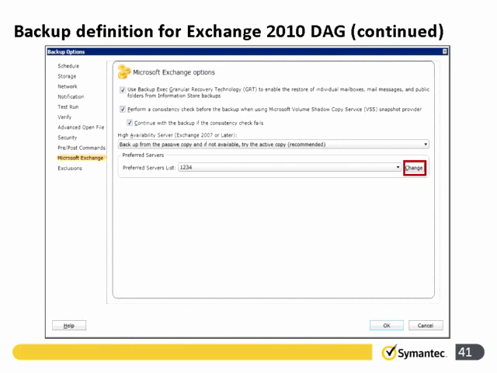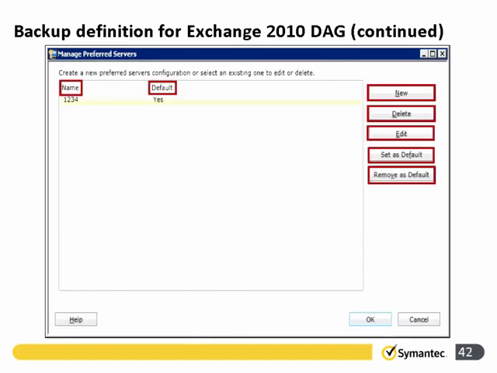If you're using Exchange 2007 or later, you'll notice that Backup Exec wants to back up a passive copy if that's available, and if not, then it will go to an active copy. You can also select your preferred servers here. The recommendation is to let it run for a while before you do that, but if you choose to change your preferred servers, you can click the Change button.